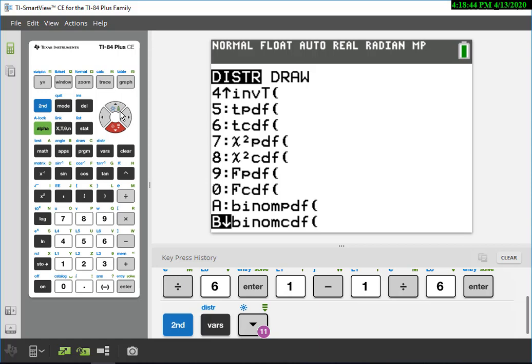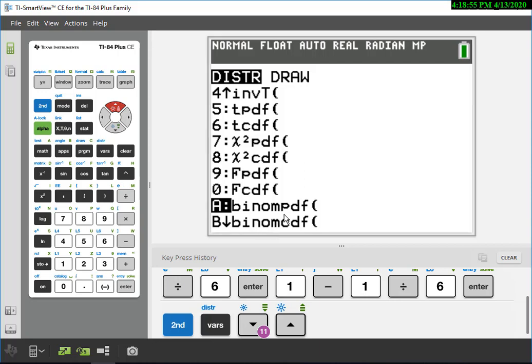You'll see that there's a binomial PDF and a binomial CDF, which all that this means is that the binomial PDF means that you're calculating an exact probability. So for example, if I roll a die 4 different times, what is the probability that a 3 shows up exactly 2 times out of the 4 rolls?